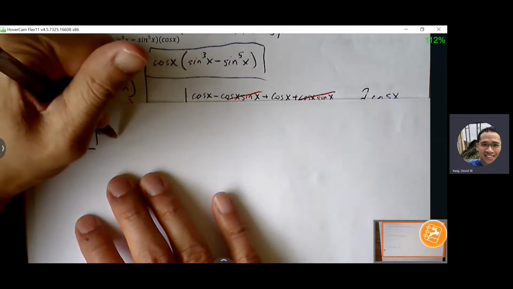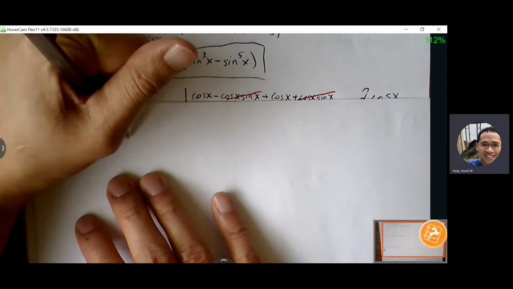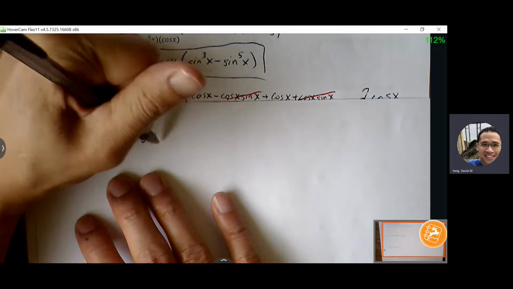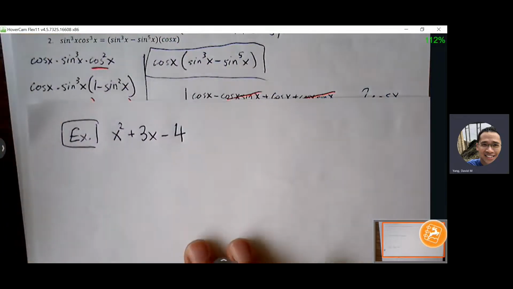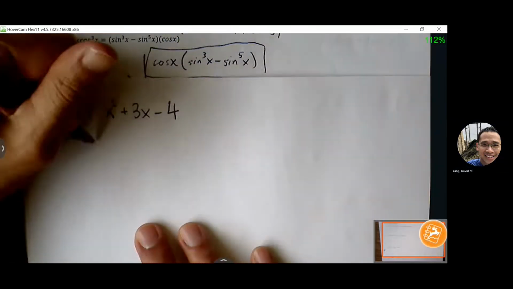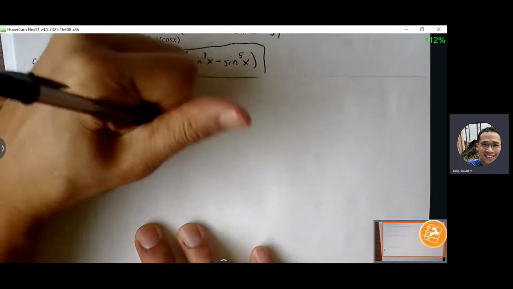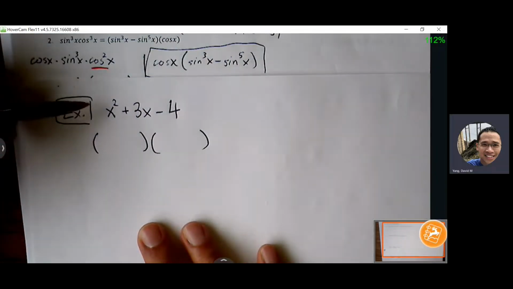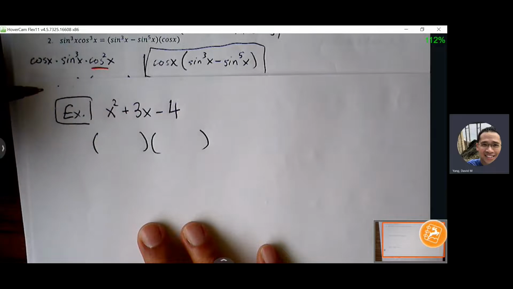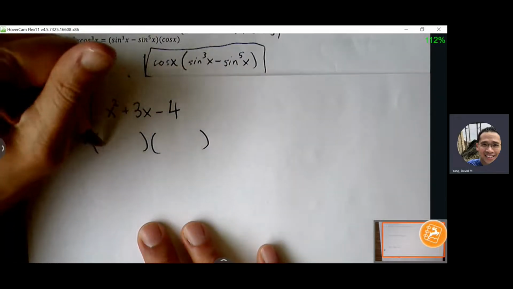Okay. So if I ask you to factor this, x squared plus 3x minus 4, how would you factor that? Yep, you can split x squared into x and x.